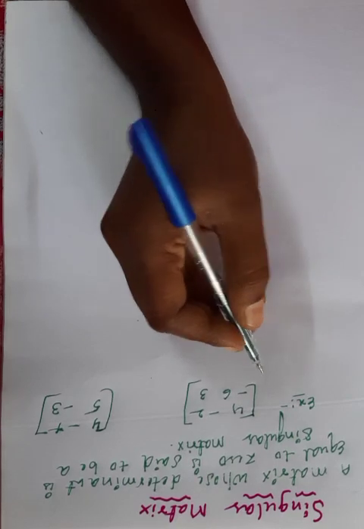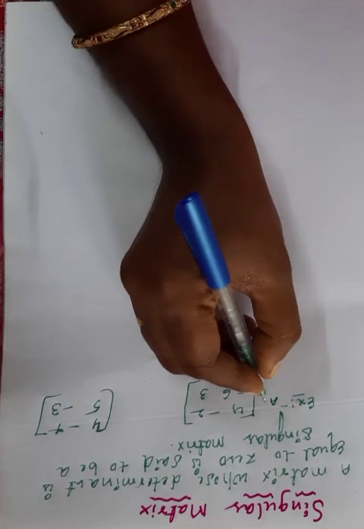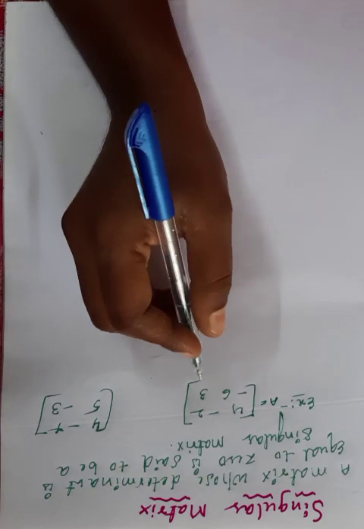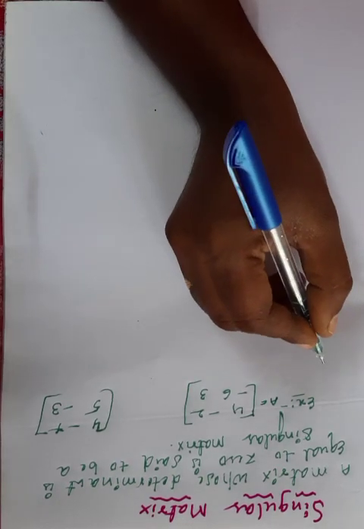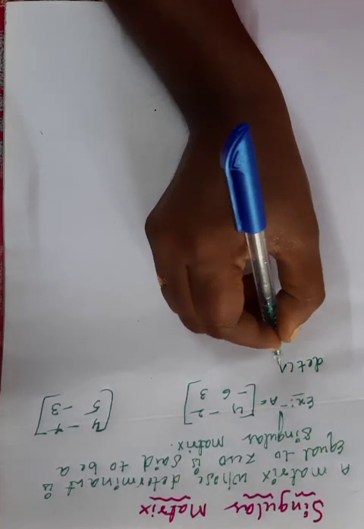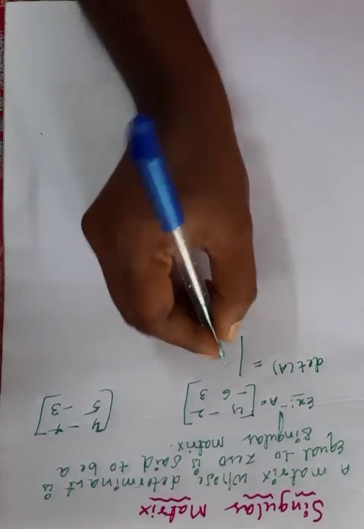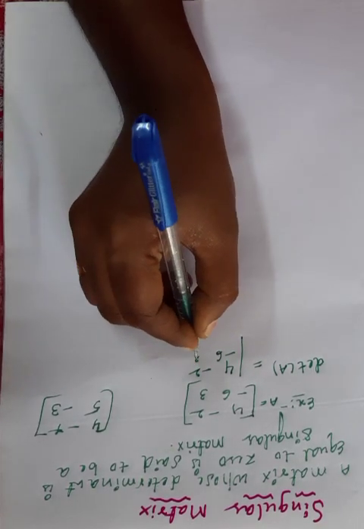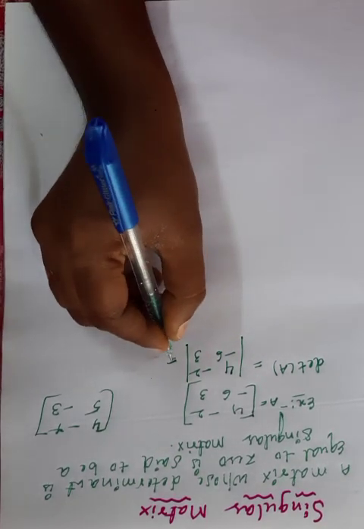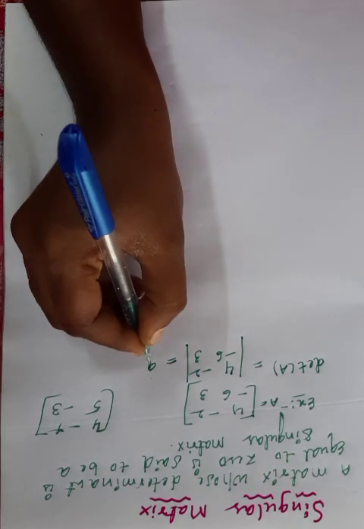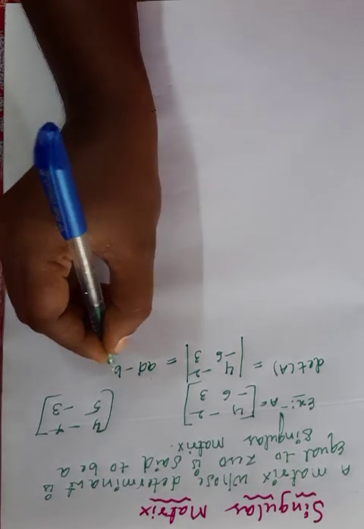if you consider one matrix A is equal to [4, -2; -6, 3]. If you find the determinant value for this given matrix A, that is det A, which is equal to mod of [4, -2; -6, 3], then we have to find the value of determinant by using the formula AD minus BC.